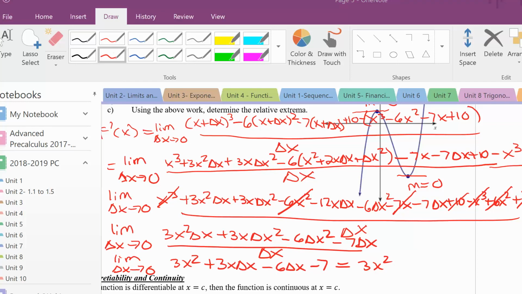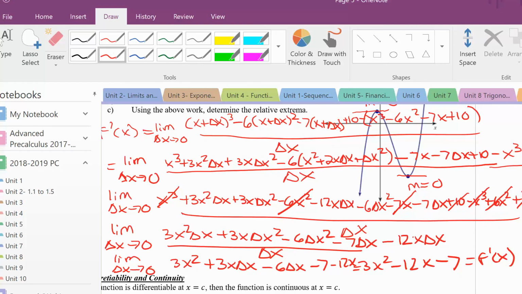Sorry, I forgot the 12x delta x here. So when you factor out the delta x, you're actually left with minus 12x. Then you get 3x squared minus 12x minus 7. So that is your derivative.